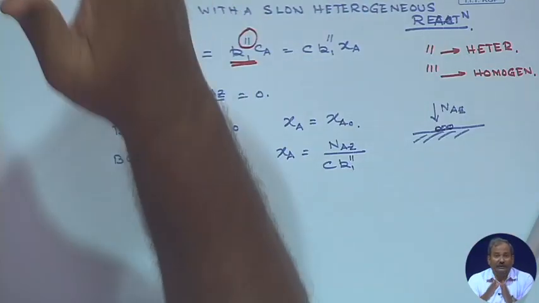If this does not happen, if the amount of A that comes in from the bulk towards the catalyst surface and the rate at which it gets converted to products are not equal, then the concentration of A on the catalyst surface will keep on changing with time.